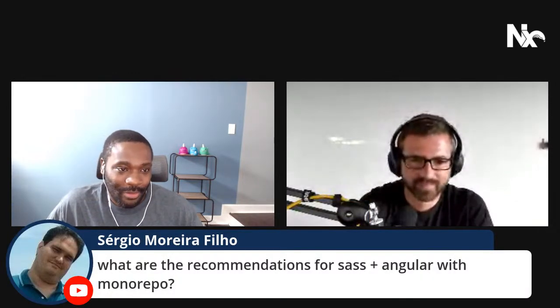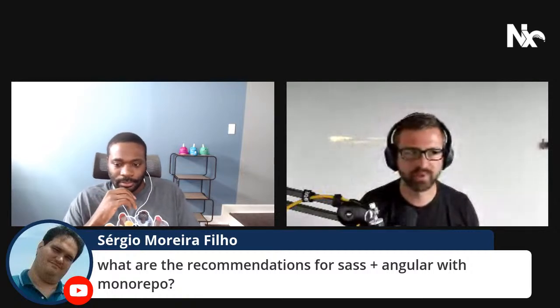Okay, I did see one more question, and maybe we'll see if we have enough time to answer it today. What are the recommendations for SASS plus Angular within a monorepo? I don't know that there is anything specific you have to do here. The only thing I can think of is how you structure them. What I've seen many people do is put all the SASS files in a library folder, so that you can then embed them in the various projects.